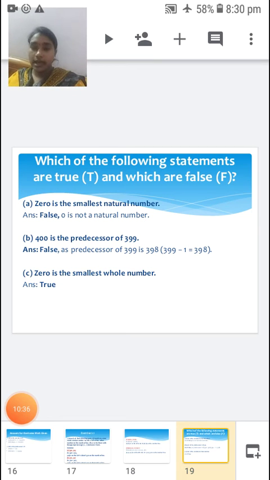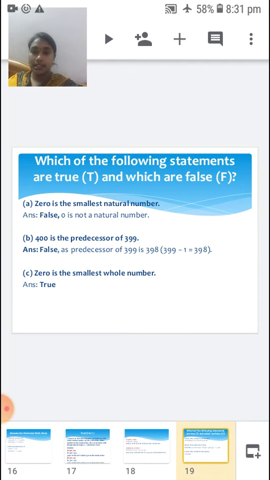So next we have the second sum. 400 is a predecessor of 399. Is it true or false? So what is a predecessor? The number which comes before a particular given number is a predecessor. Alright. So 400 is a predecessor of 399 is false, because what comes before 399?